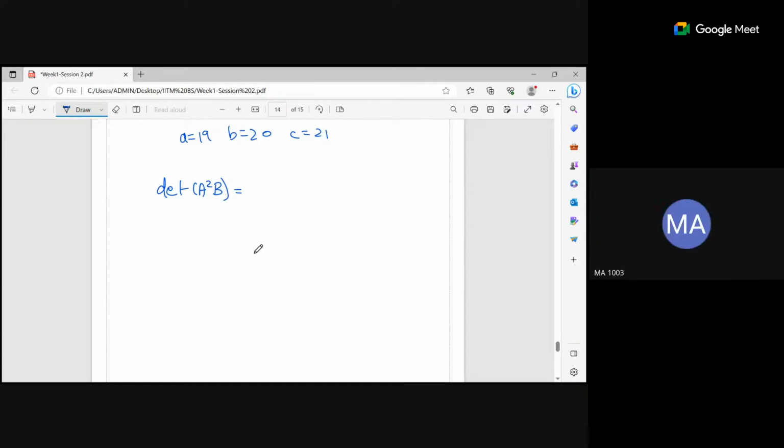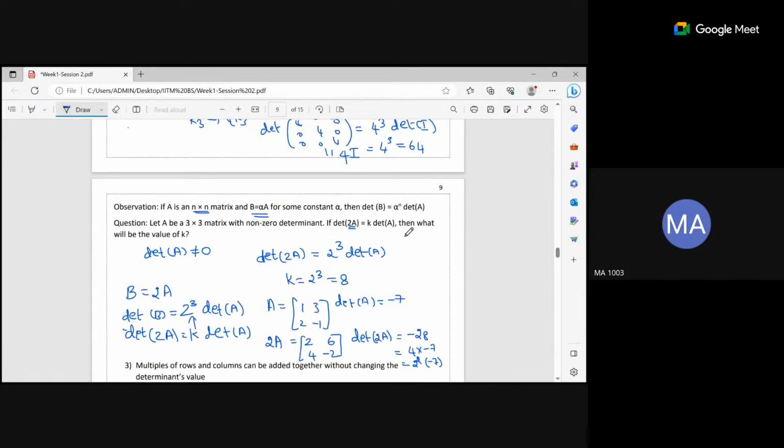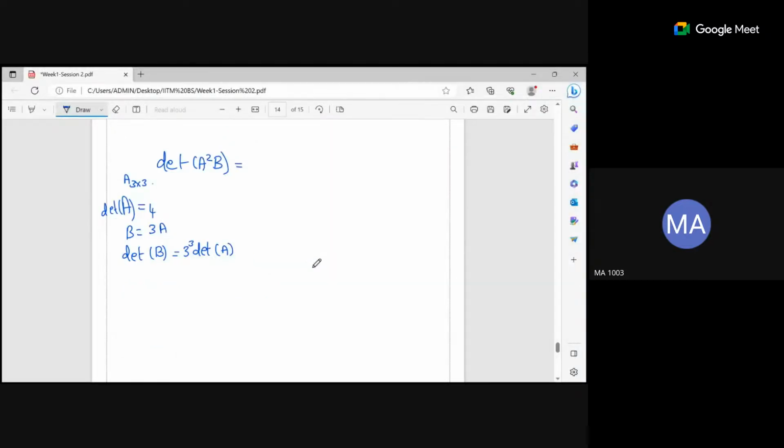Yes, ma'am. If you don't remember, I'll show you the formula we have done here. The determinant of B is alpha power n times the determinant of A. So this is the property we are using. Then this is 27 times the determinant of A, and you know what the determinant of A is. It is 27 times 4.